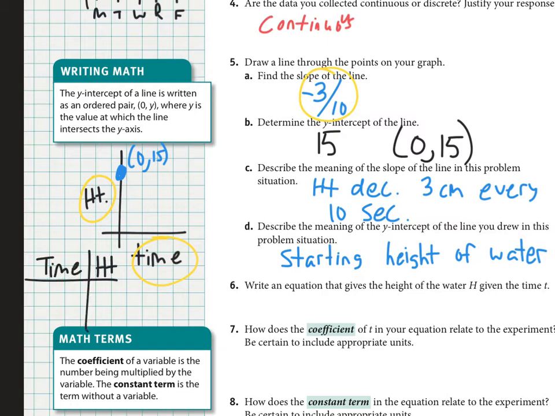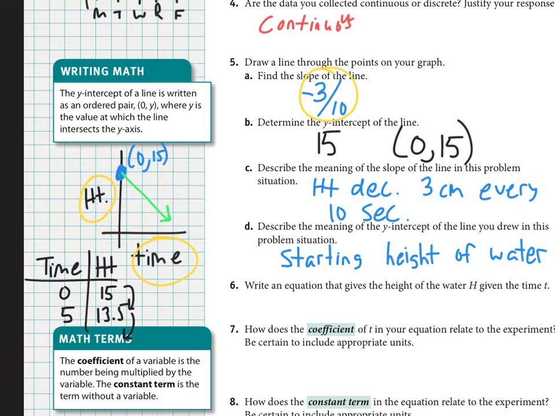When time was 0, we were at 15, and at 5 seconds the height was 13.5. Then it just continued on that pattern of down, down. So the equation, if we think about this line that we drew, it started at 15 and went downward.